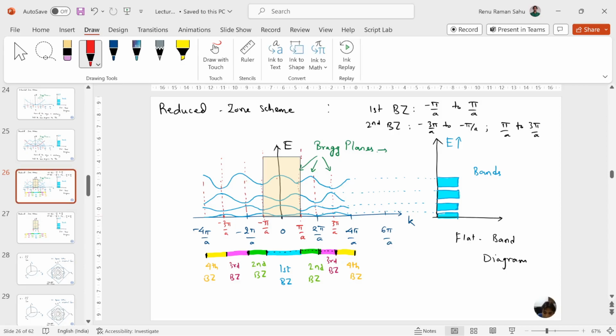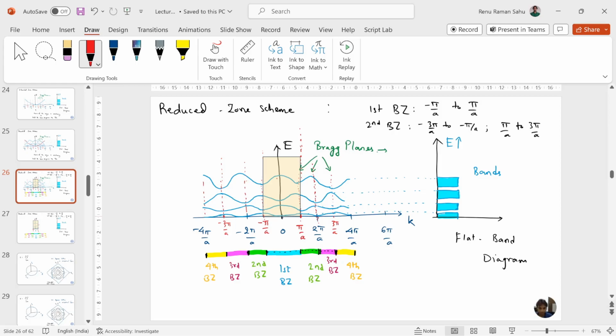The reciprocal lattice points are at 0, 2 pi by A, 4 pi by A, 6 pi by A. If you bisect the line from 0 to 2 pi by A, you get the Bragg plane at pi by A. If you bisect the line joining 0 to 4 pi by A, you get the Bragg plane at 2 pi by A. So you got that right.